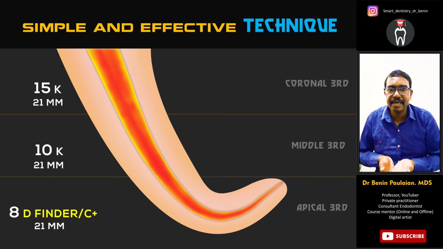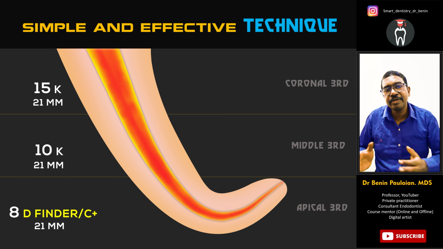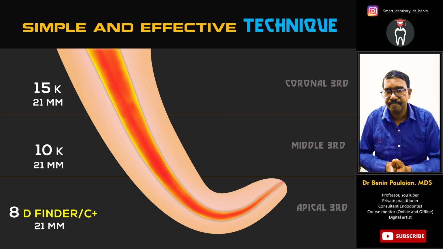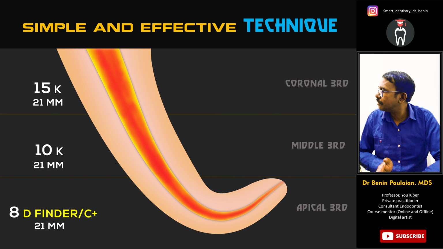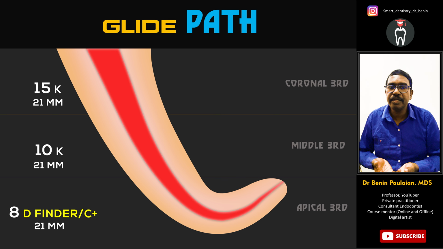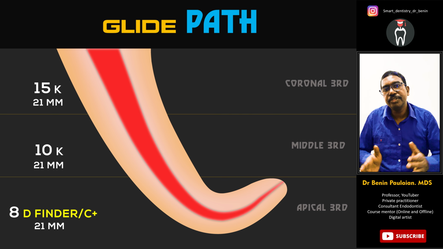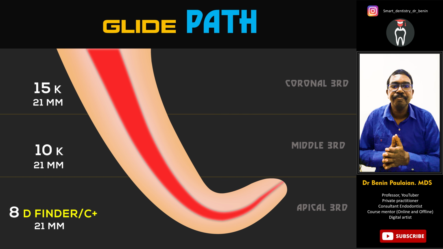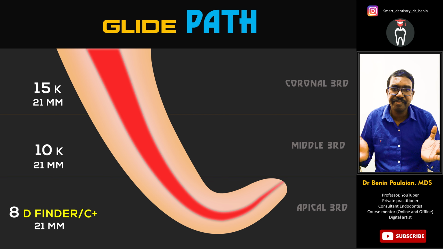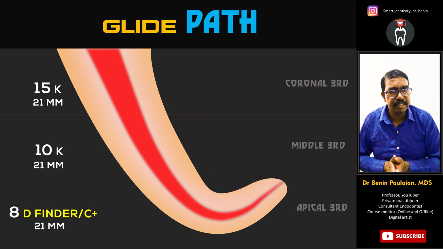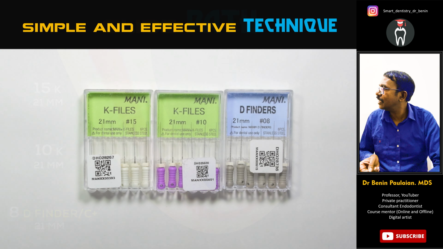Now the entire canal is negotiated, and now you have created a pathway. But the pathway may not be very complete. Now again you can use a 10 size file to negotiate the canal completely. Then you can go for the orifice enlargement, create a glide path, and you can proceed with your root canal treatment. Now let's see an example.